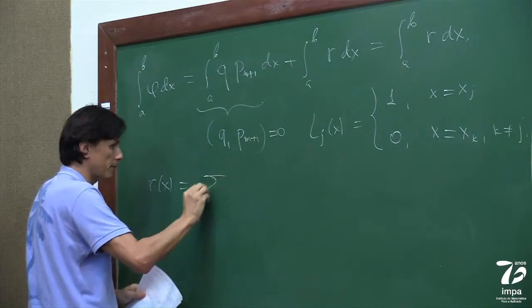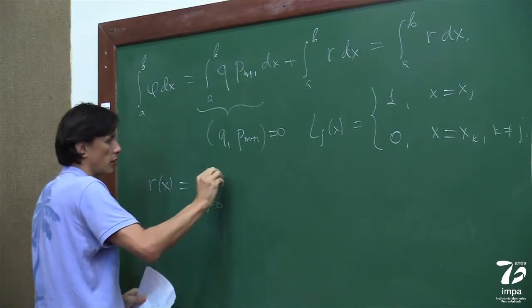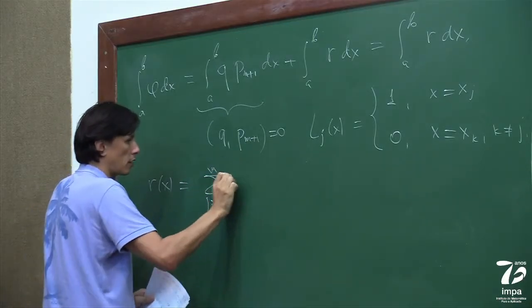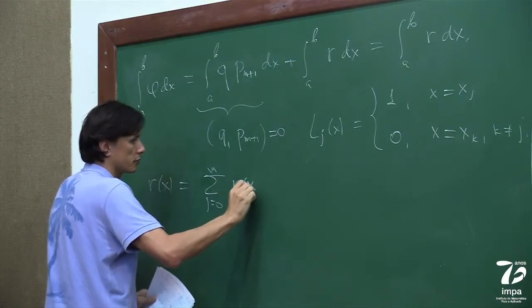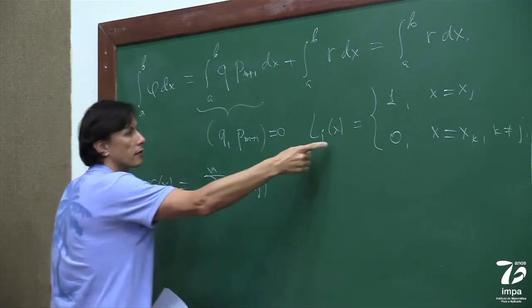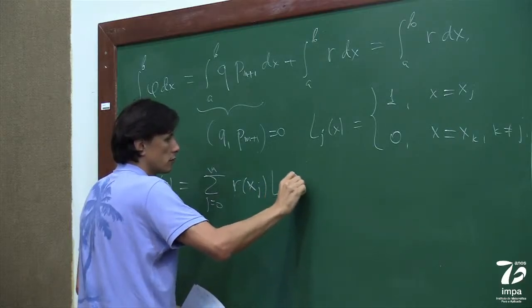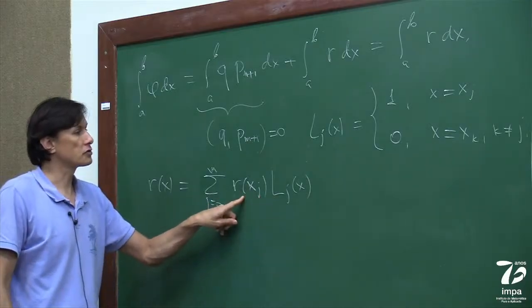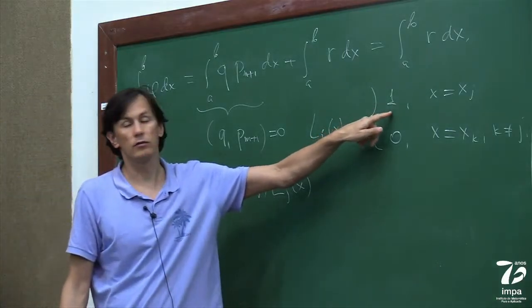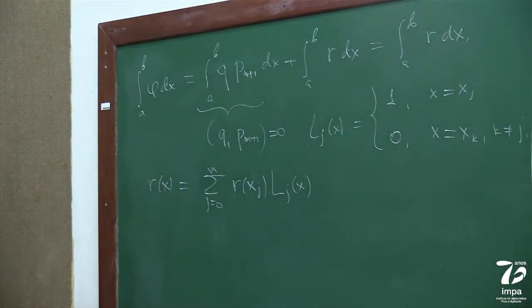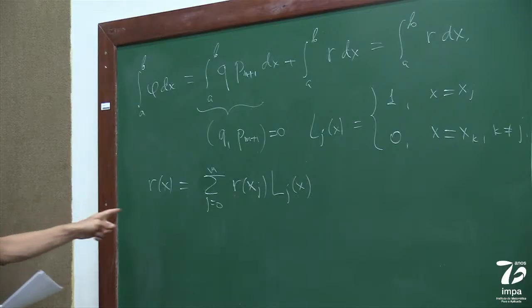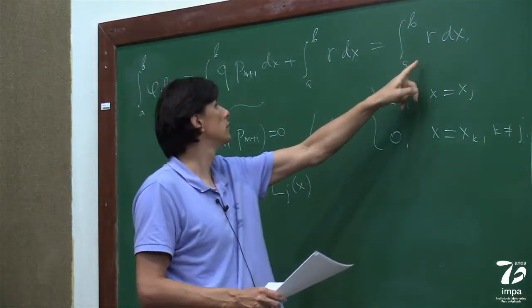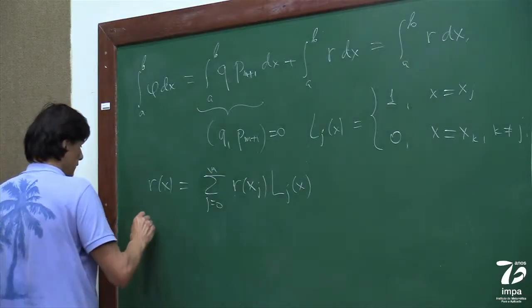So it is the sum over j from 0 to m of r at point xj, which is the coefficient of this function. This is an exact expansion. And now we substitute it in here.